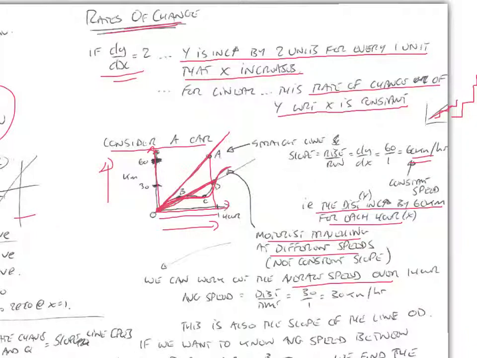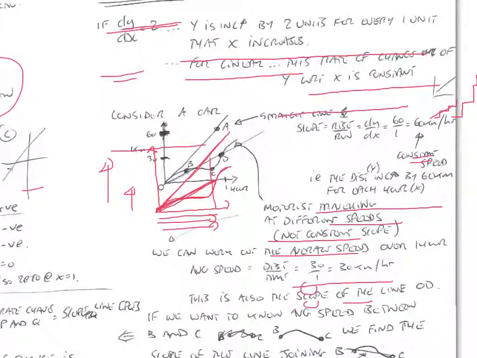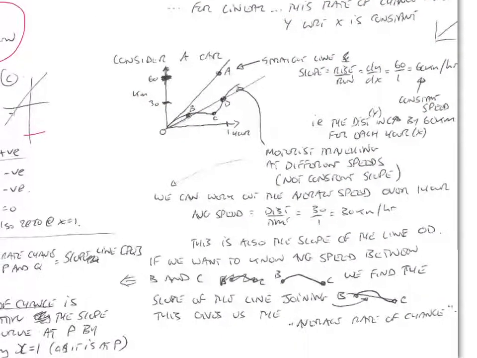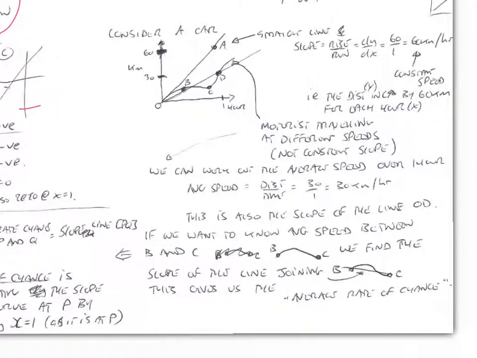The distance covered, the rise over the run, is 30 over 1, which is 30 kilometers per hour. And this 30 is also the slope of the line OD.